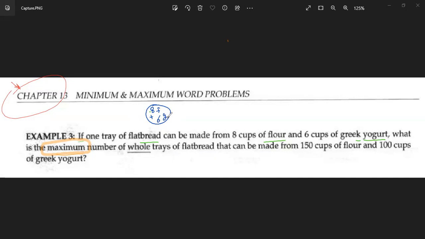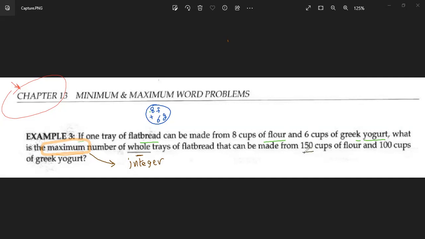He mentioned the flour and the Greek yogurt only, maybe because they are the most costly. Now he is asking about the maximum number of whole trays, integer, so 1 bread, 2 breads, 3, no fractions.